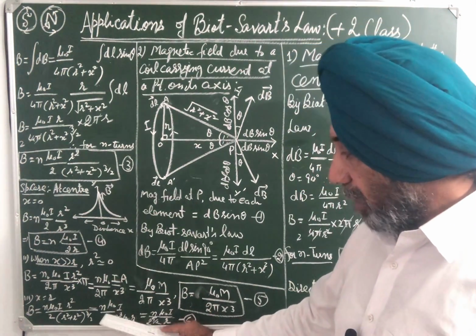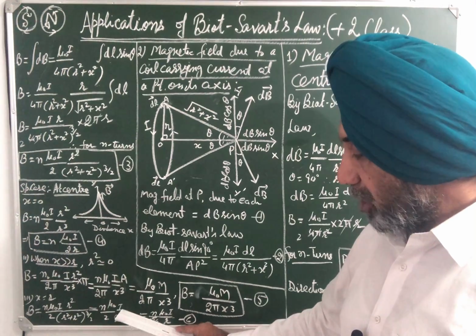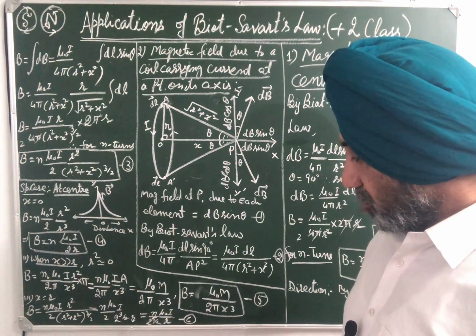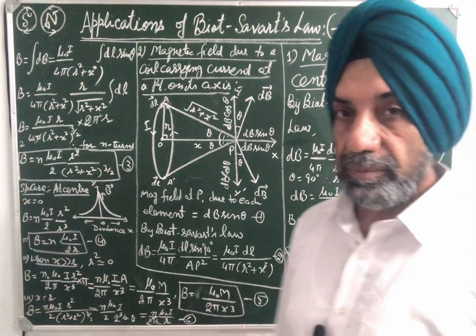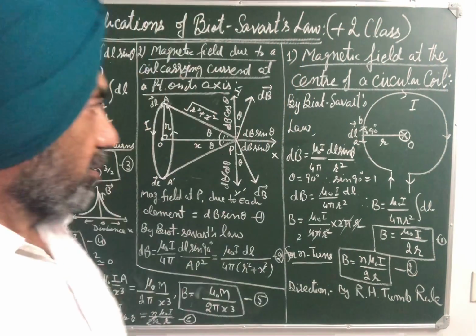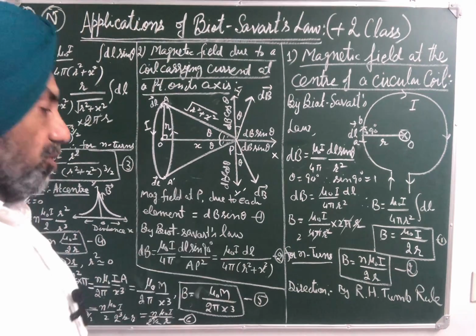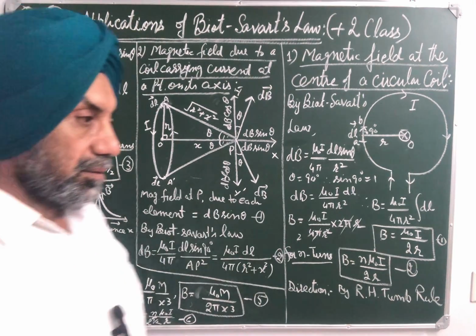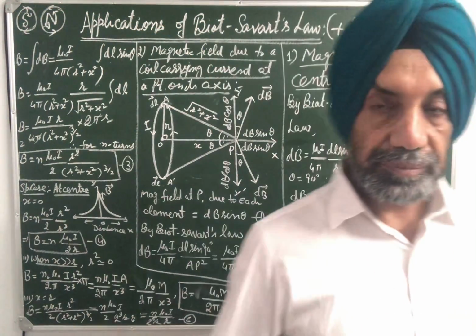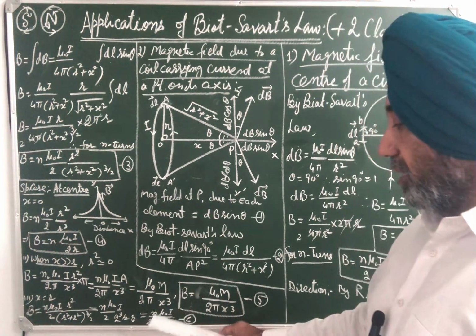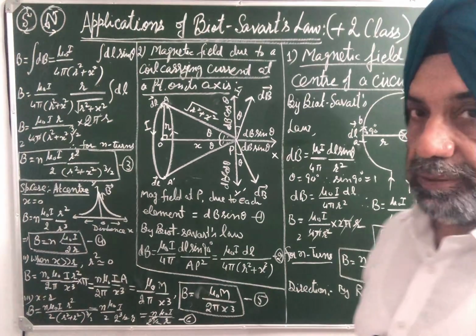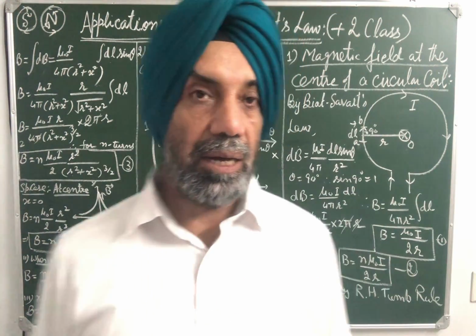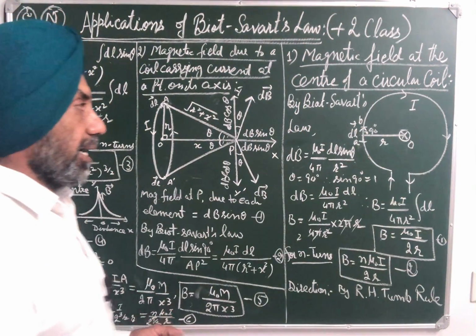Simplifying it, n by 2 mu naught I, 2 raised to 3 by 2 into r. So it will be n mu naught I by 2 raised to 5 by 2 over r. So when the point lies at a finite distance equal to the radius of the coil, the magnetic field is given by n mu naught I by 2 raised to 5 by 2 over r, which is the required expression for magnetic field due to a coil carrying current at a point on the x-axis.